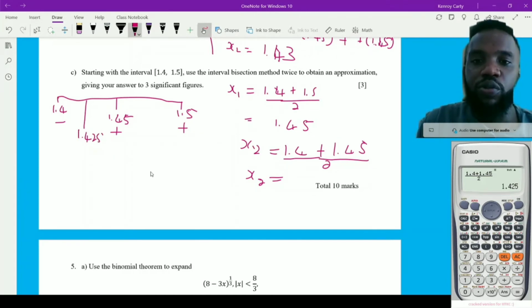Alright, and now I'm going to have to plug 1.425 in the calculator to determine the sign. So up here, probably I should have said f of, well, I already have that to indicate that.